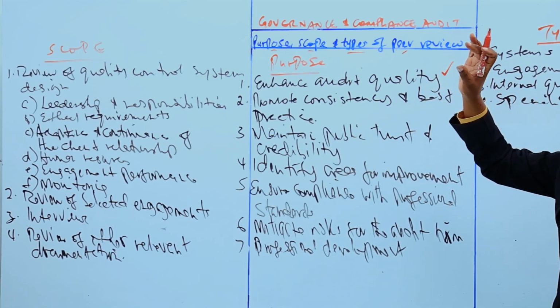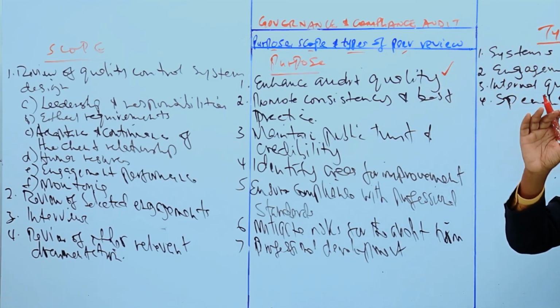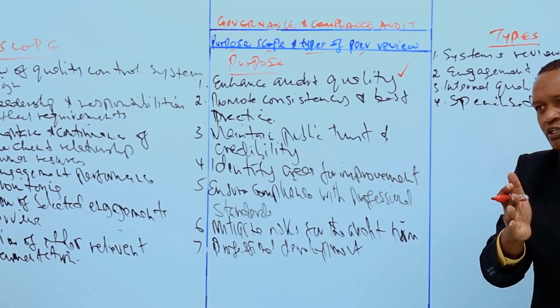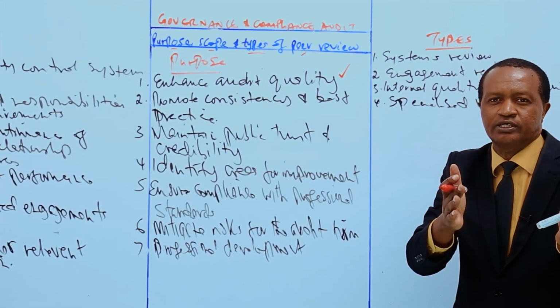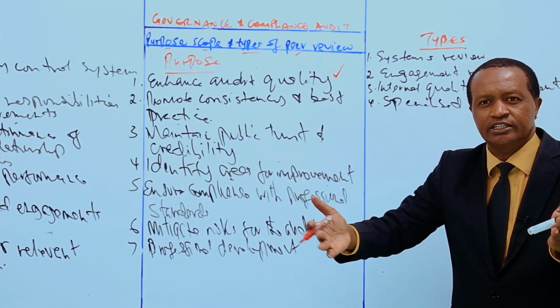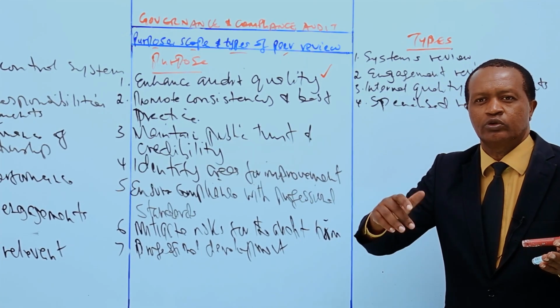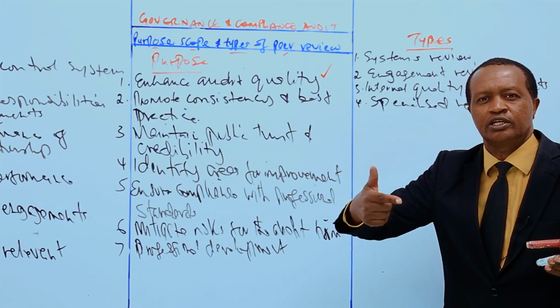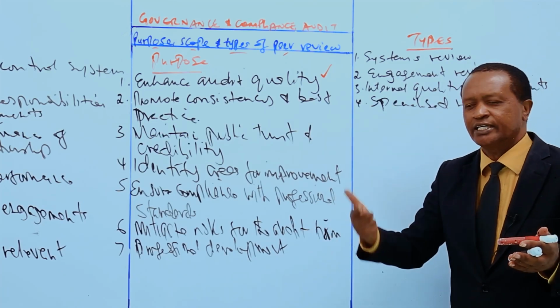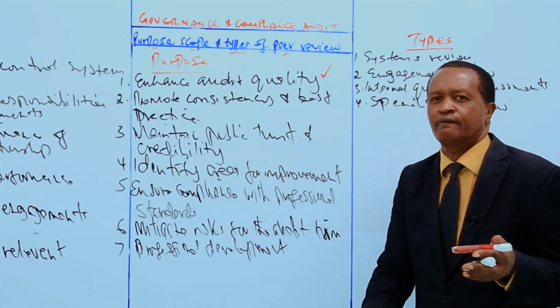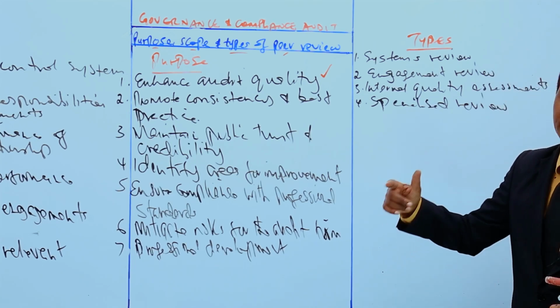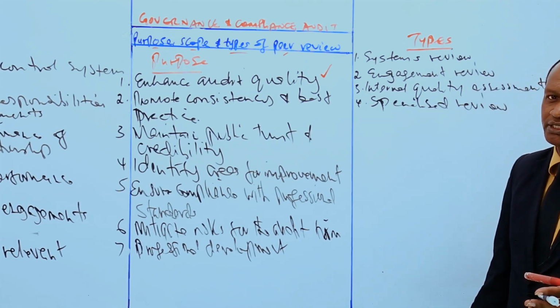In the context of governance and compliance audit, we've said it refers to the systematic and independent evaluation of the audit firms' or internal audit functions' quality control system and its adherence to professional standards in conducting governance and compliance audit engagements.